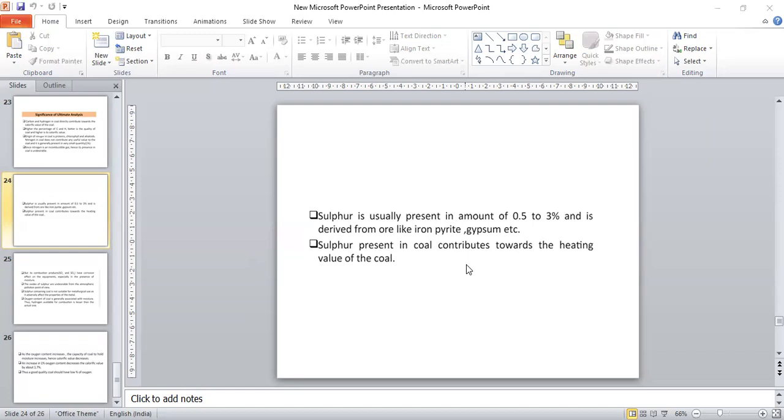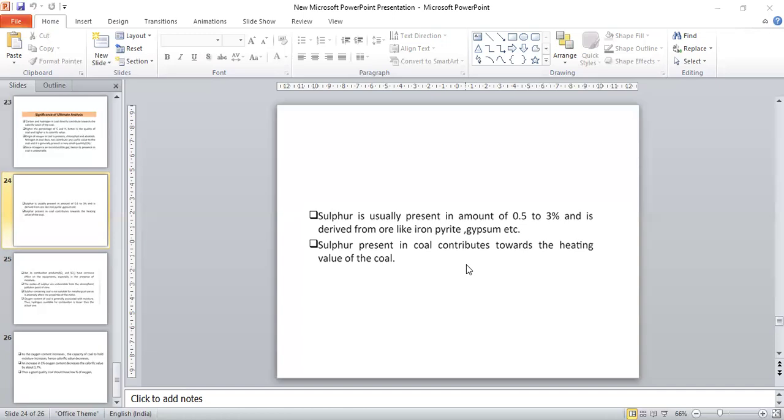All these are undesired in the coal sample. Due to the presence of all these matters, coal will not give a high calorific value. So we need to remove all these matters from the coal sample.